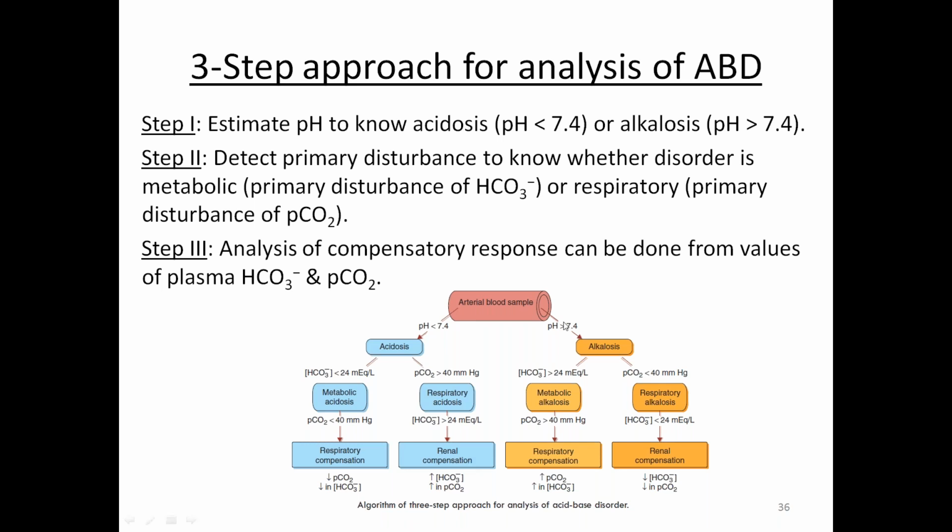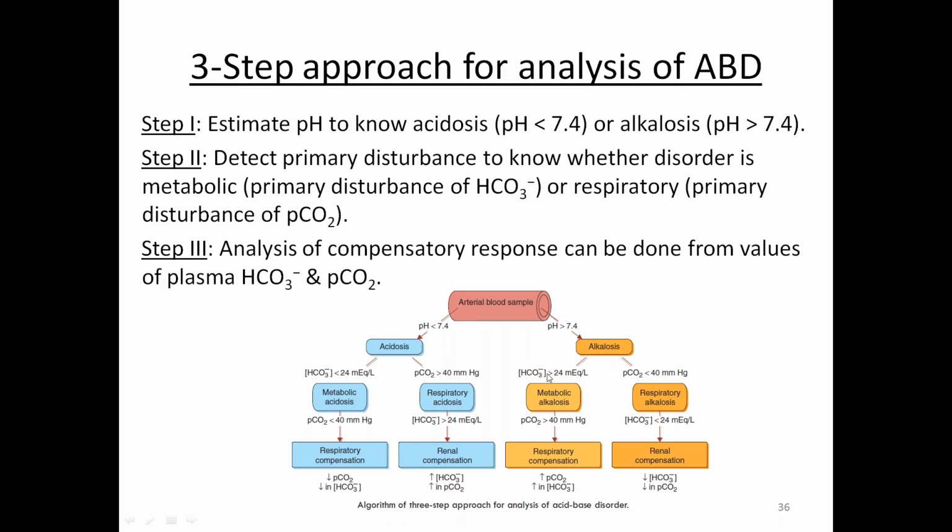Next example, if we say now a pH of 7.7. So we are automatically looking at alkalosis. Now if I give you a bicarb value of 22, okay, and a PCO2 of 26. So what do you think is the primary disturbance now?